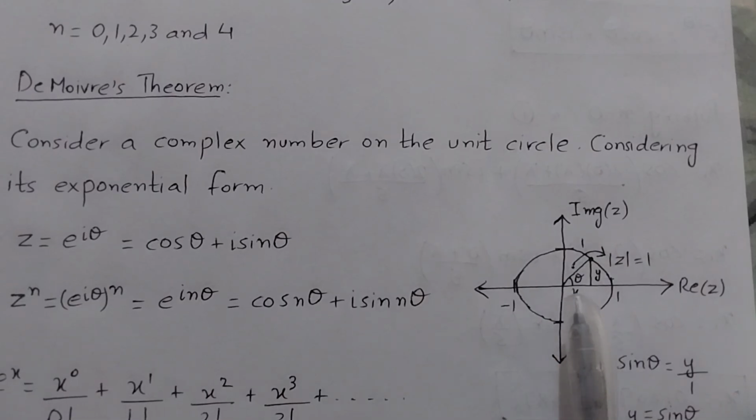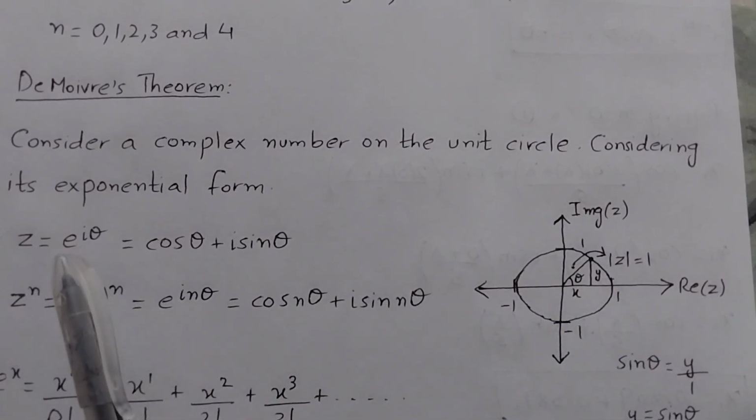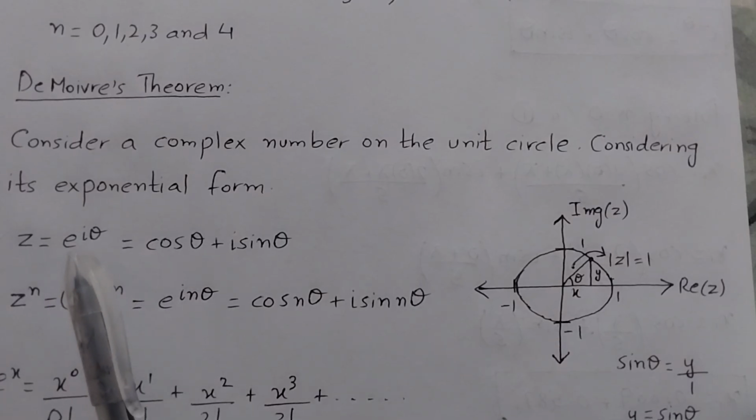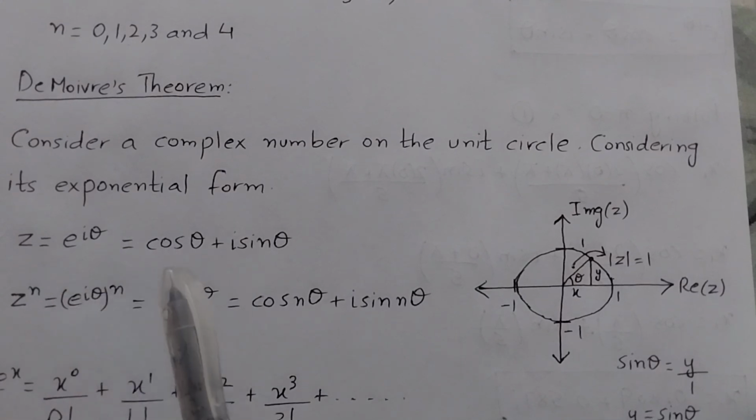It has the real part x and the imaginary part y, and the angle is theta with the positive x-axis, and the modulus is 1 because the modulus is the length of the complex number from the origin, which is 1 in this case because this is a unit circle. So the exponential form is r e iota theta, where r is the modulus. Here the modulus is just 1, so this becomes e raised to the power iota theta.